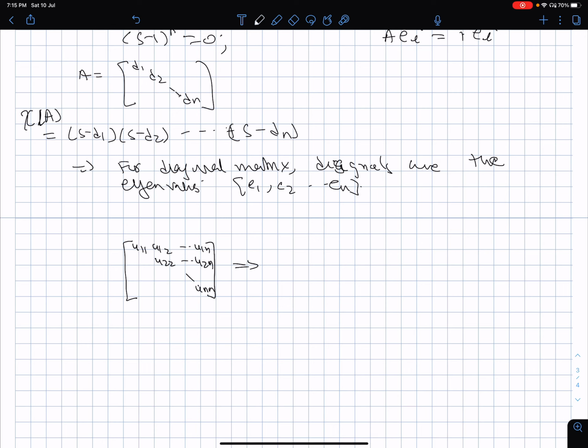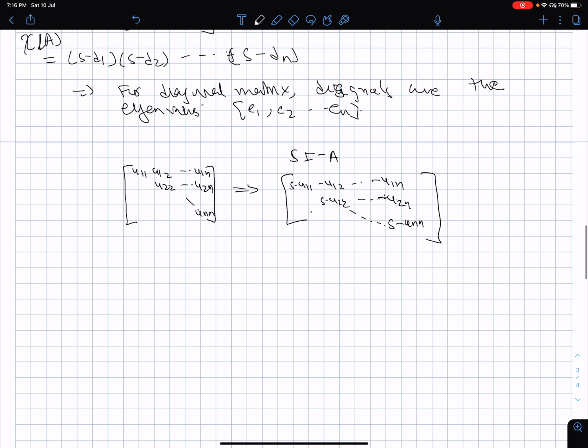If you write sI minus A for this matrix, it is going to be s minus u11, minus u12 to minus u1n, then s minus u22, minus u23 and so on up to minus u2n, and so on up to s minus unn.